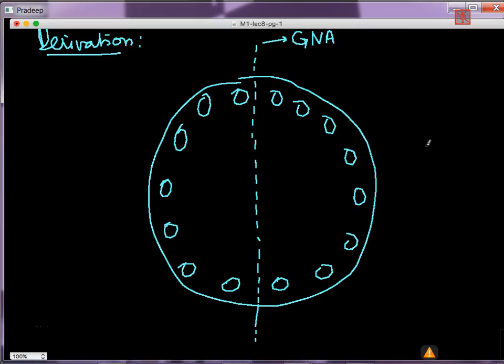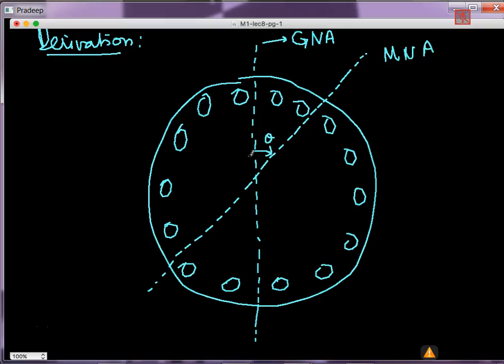Then I have, let me show like this, the magnetically neutral axis. And then this angle is theta.